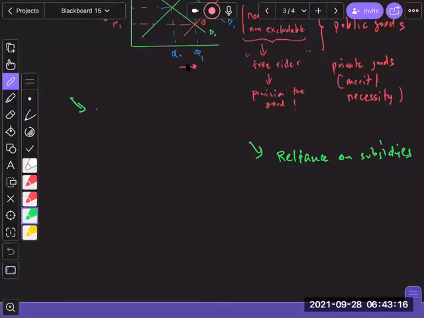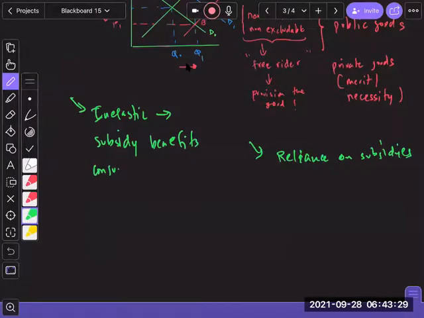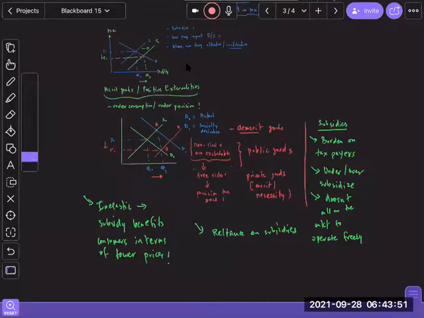If the good is inelastic, then a subsidy benefits consumers in terms of lower prices. Hani is asking, is a subsidy temporary or permanent? It depends on the government. The government may make it a permanent subsidy. You never know.